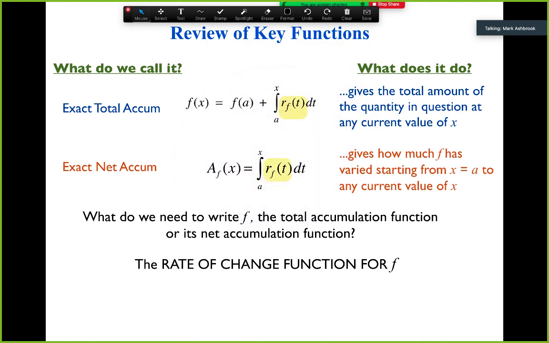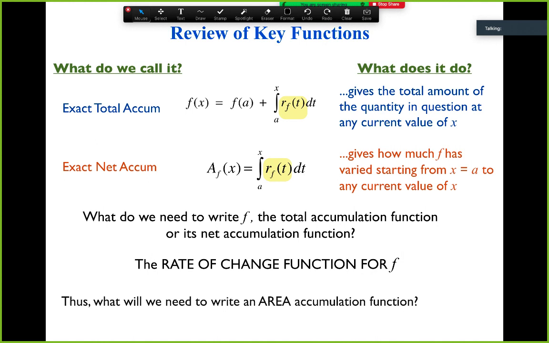This is a huge point. If you have the rate of change, we can write accumulation. You know how fast a quantity is changing at every moment, and you want to know how much of it you have, and that's these functions. So, question: if we want to write an area accumulation function, what do we need?